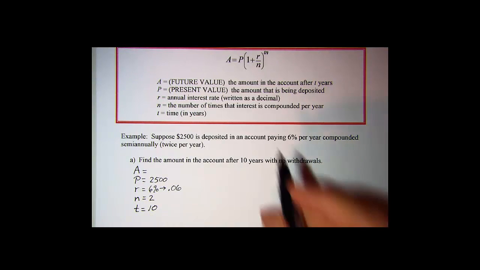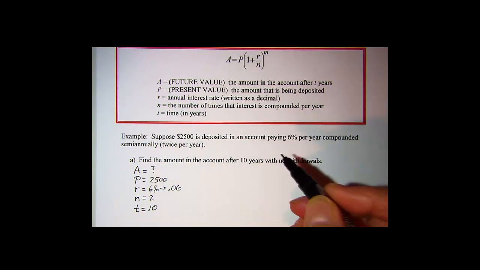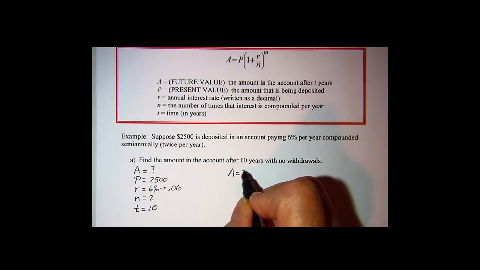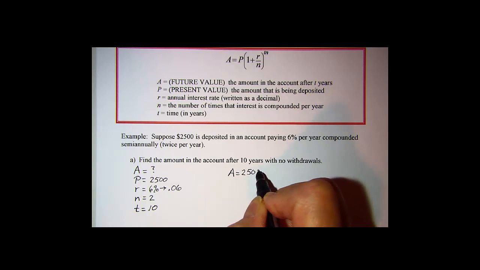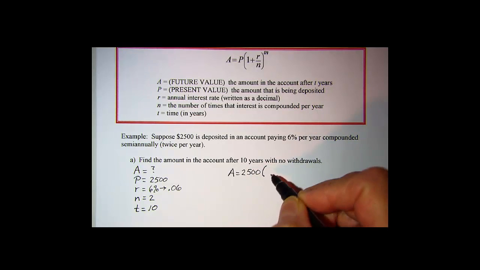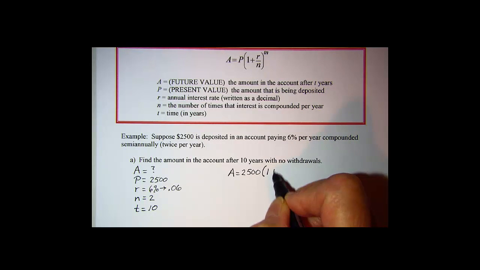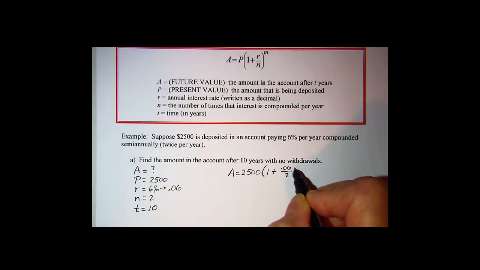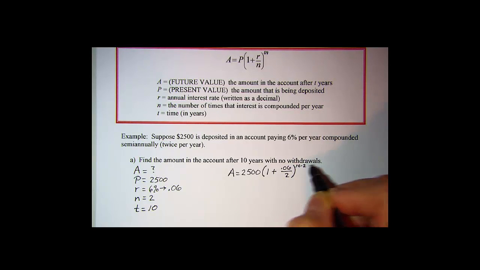So my formula then, and I'm looking for A. So A equals 2,500 multiplied by the quantity 1 plus 0.06 divided by 2, and that quantity is raised to the 10 times 2.